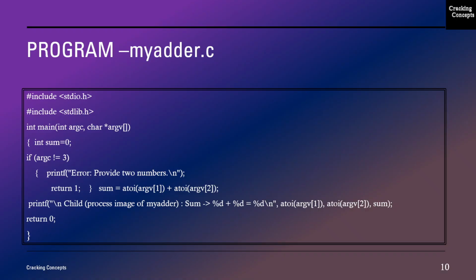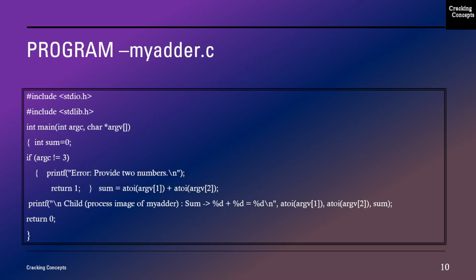Now we look into the program myadder.c. Here we have included the header files we discussed before. We have the main function which takes in the command line arguments. We are using a variable called sum which is set to 0, into which the numbers will be added. Then we are checking if the argc count is anything other than 3, because 3 will include the program name and the two numbers to be added.